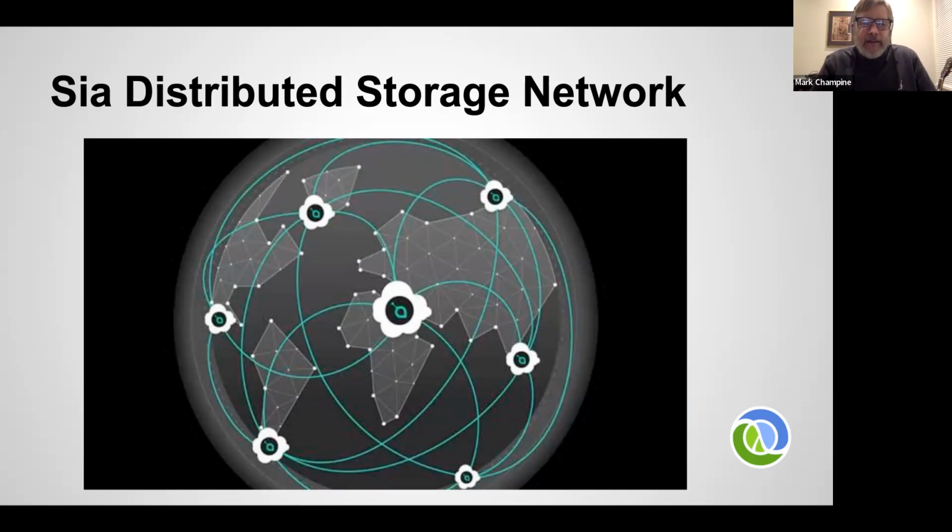So first of all, as I mentioned, there's a worldwide distributed storage network. You might call it Airbnb for disk storage or something. It allows people who want storage and are willing to pay for it, and people who have storage and are willing to rent it out to others, to make contracts, and those contracts are stored on the blockchain.